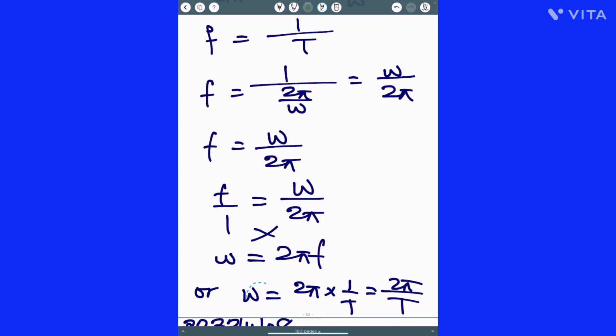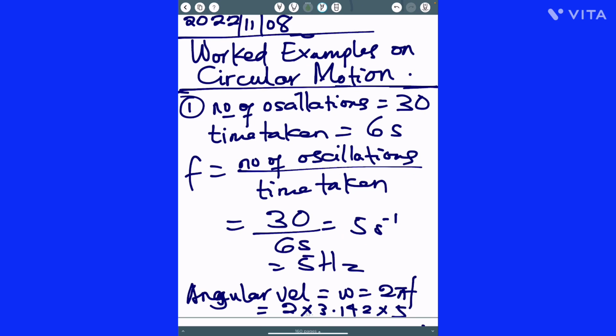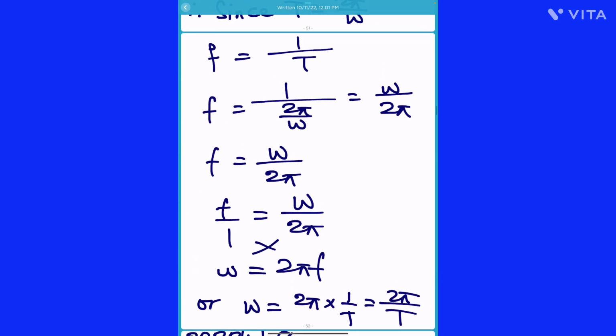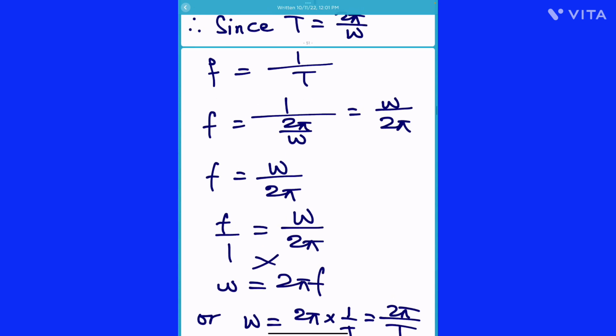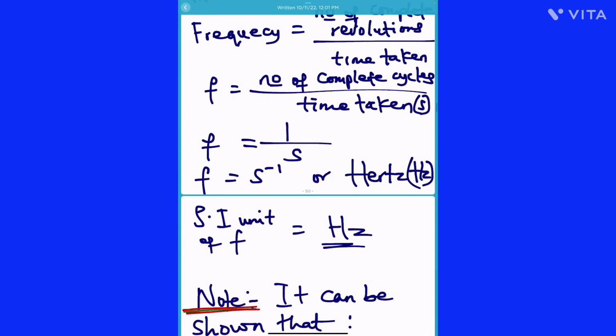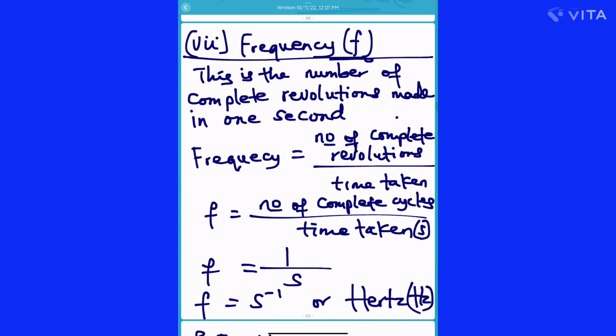Or we can write W as 2 pi times frequency, which is 1 over period. That gives W as 2 pi over T. We'll be using all of these in our calculations and examples, so please take note. They are very, very simple formulae for solving problems on circular motion.